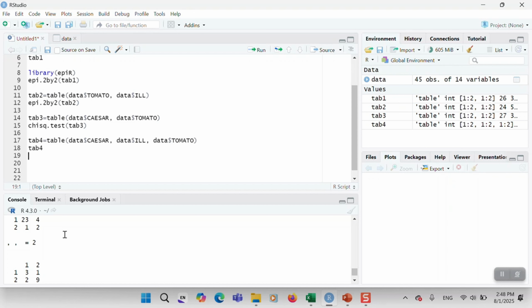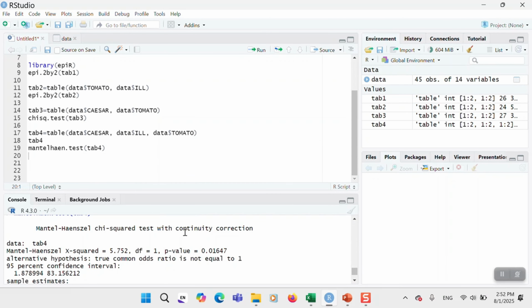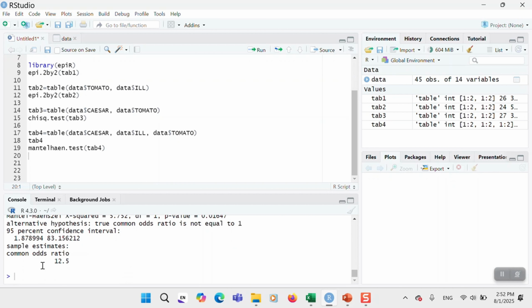Okay, so now that I have table 4, I can easily just use the command Mantel-Haenszel. The input is going to be your table 4 and then run. As you can see, we have a p-value which is significant, right? And where is the pooled odds ratio or common odds ratio? It is here.